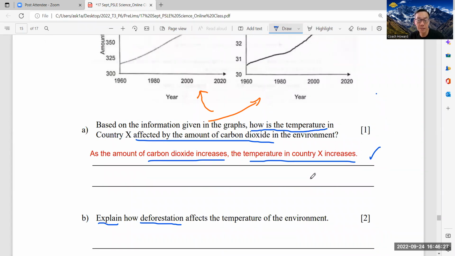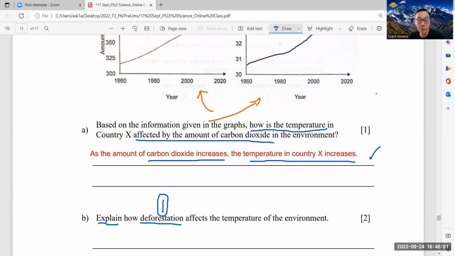So this is asked in a generic manner: how deforestation affects the temperature of the environment. Number 1, you need to understand the meaning of deforestation. Deforestation is a massive reduction of forests. So how does this affect the temperature of the environment?